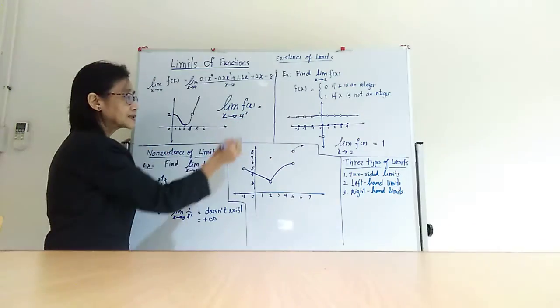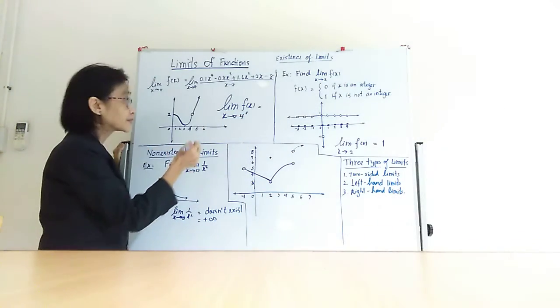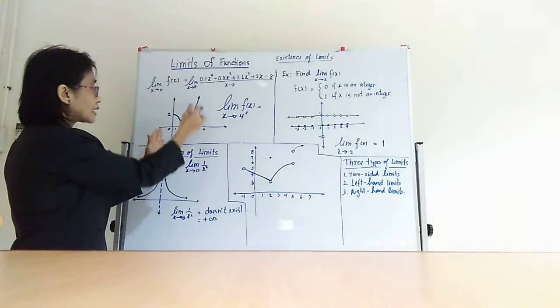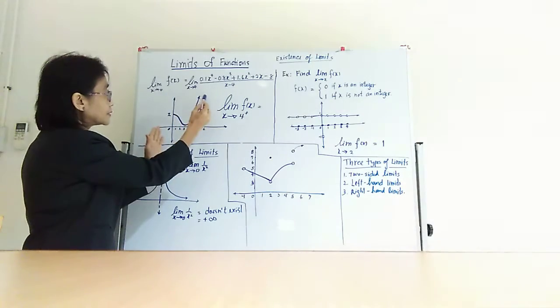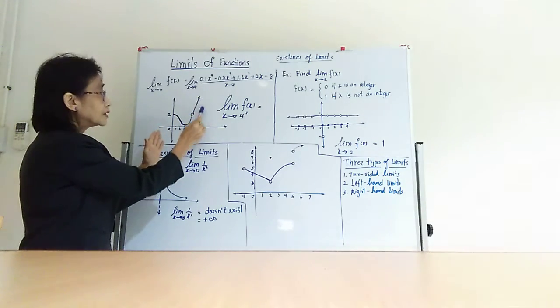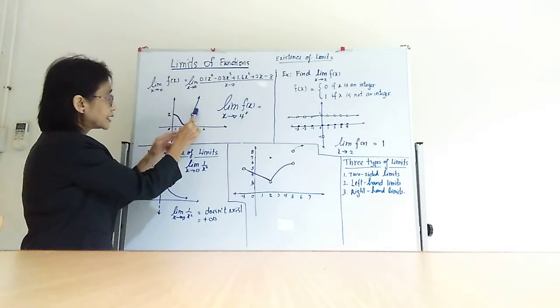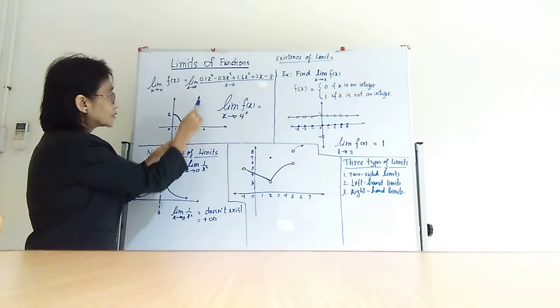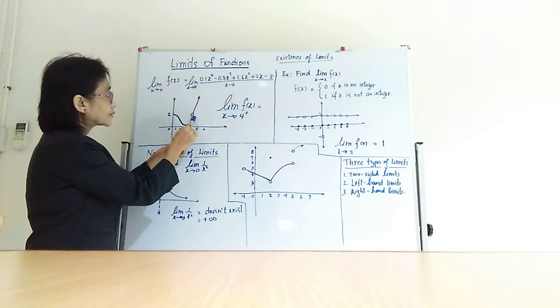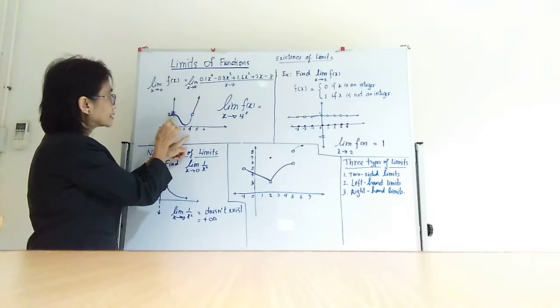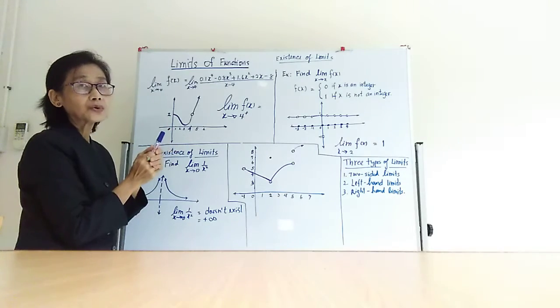The plus sign represents right-hand limits, so from the right hand you see the graph. For example, this graph, from the right hand, that means from here down, getting closer when x approaches 4. So when closer to here, this one is going to be equal to 2.